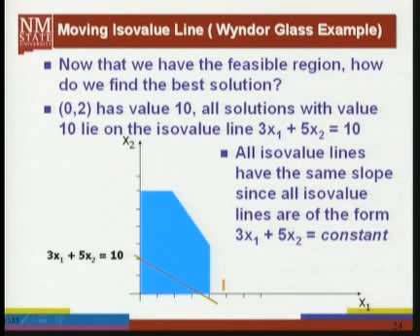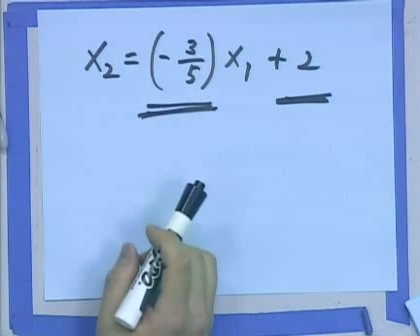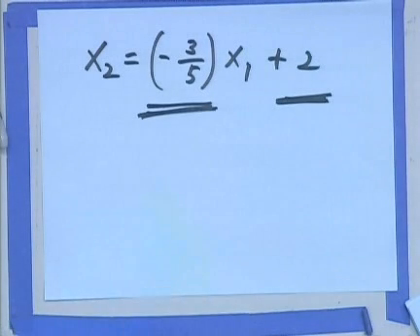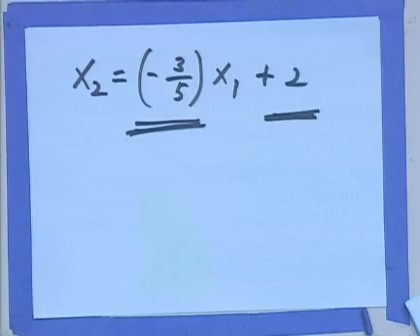Which means this line has a slope of negative 3/5 and the x2 intercept of 2, right? Okay, now let's go back to the computer screen.